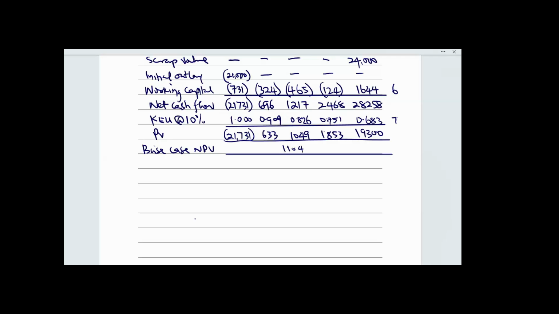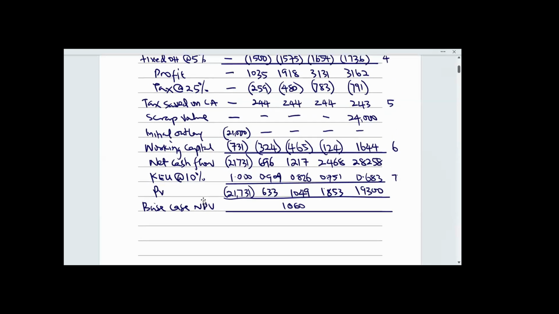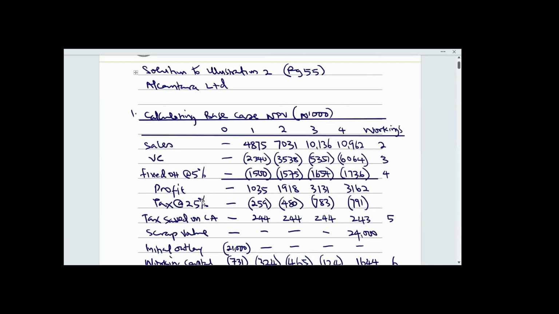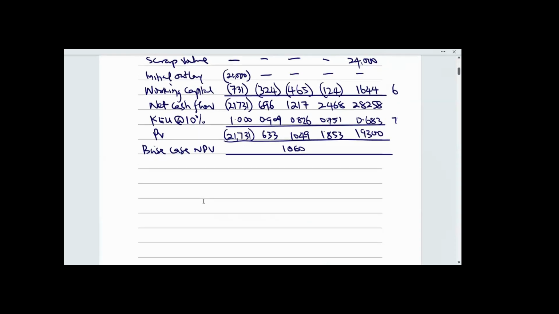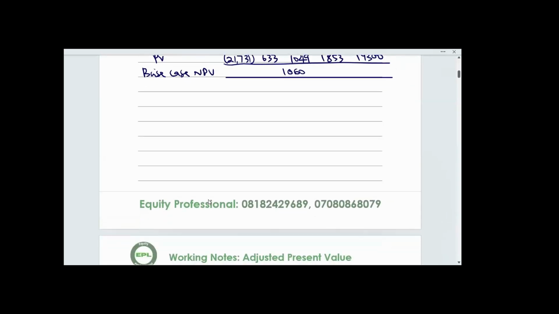Are you sure? 1060. You are correct. That's the answer. All right. So we have completed one part, which is base case NPV. The second part is step 2, to calculate present value of financing effects.